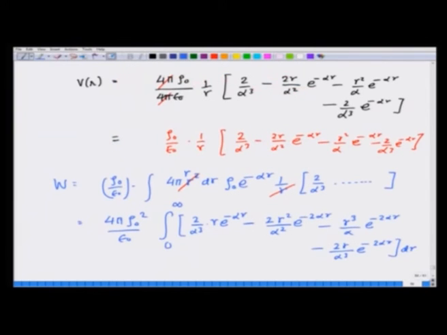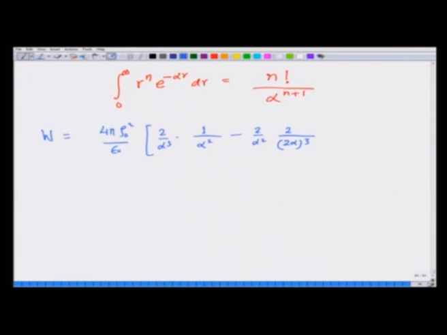The next term is minus r cubed over alpha. So, I have minus 1 over alpha, r cubed will give me 3 factorial, which is 6, over 2 alpha raised to 4, minus the last term, 2 over alpha cubed, r again will give me 2 factorial divided by 2 alpha square, and that is going to be my answer.